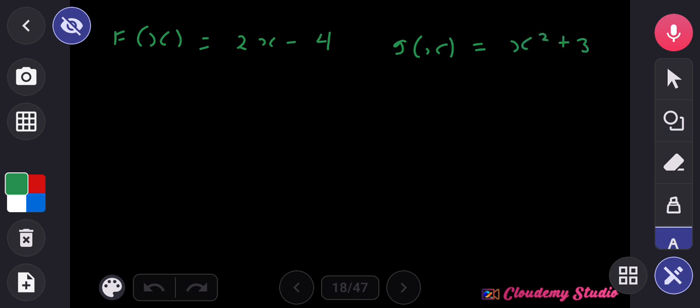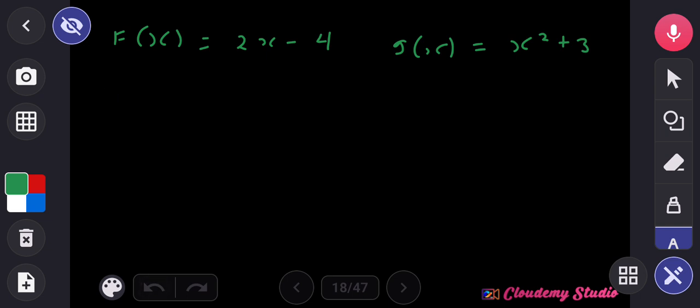How about if you want to form a composite function? For example, let f of x be equal to 2x minus 4 and g of x be equal to x squared plus 3. You understand?